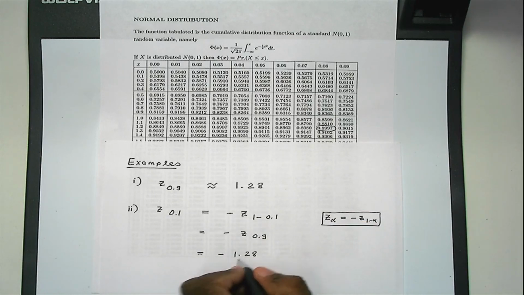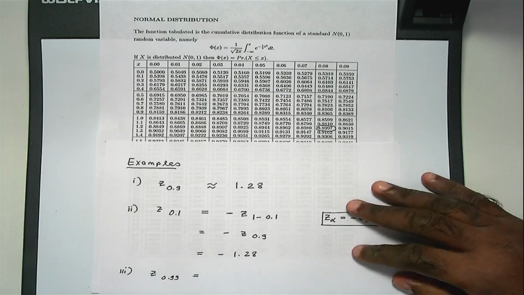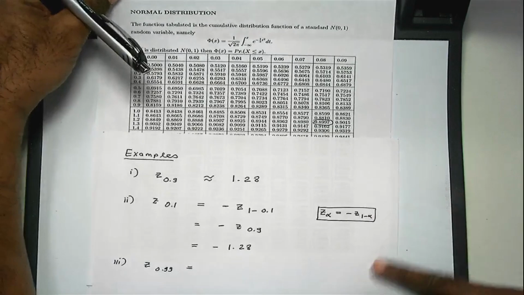Third example, suppose you want to find the percentile corresponding to this. In other words, you want to find the value along the x-axis, and to the left of that value you have an area of 0.99, right? So in this table you need to look for 0.99.